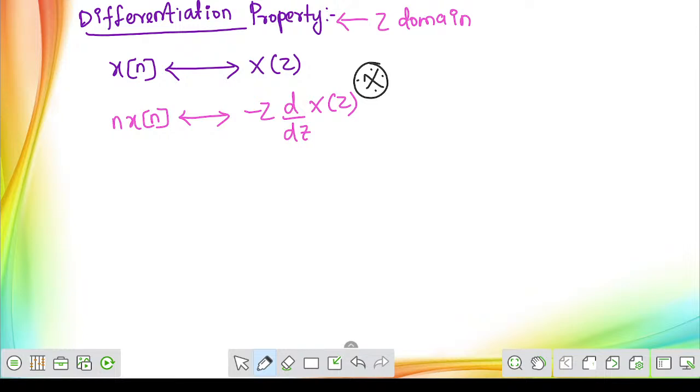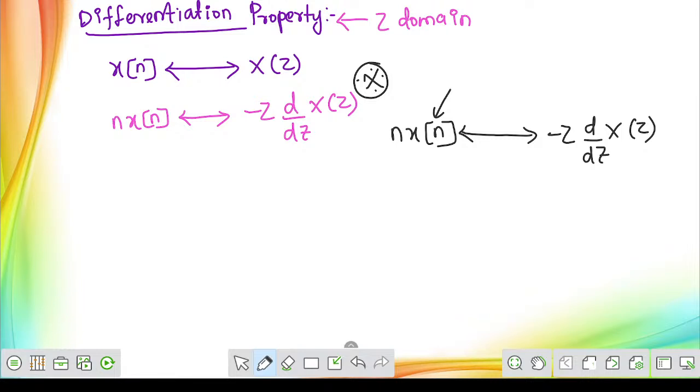If you have n times x of n, then what will be its corresponding Z transform? That is going to be minus z times d by dz of x of z. Hope you will not forget, because this is a very, very important formula.